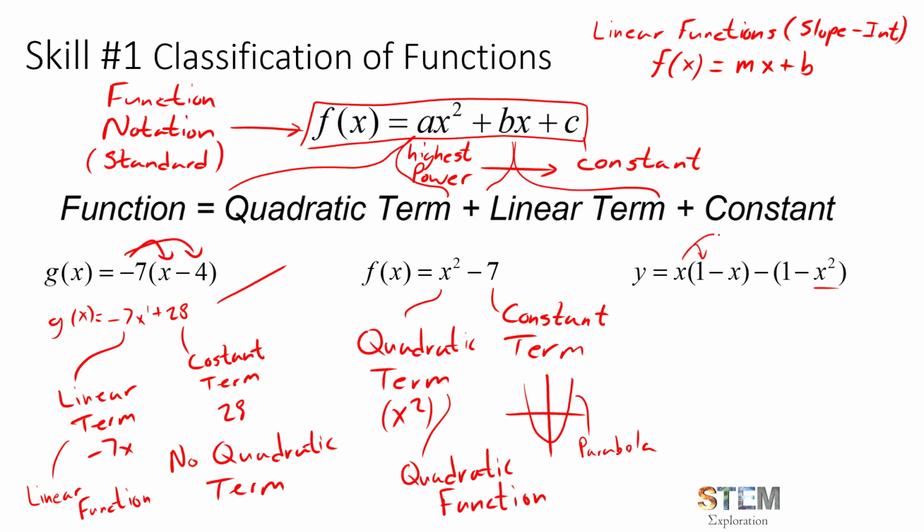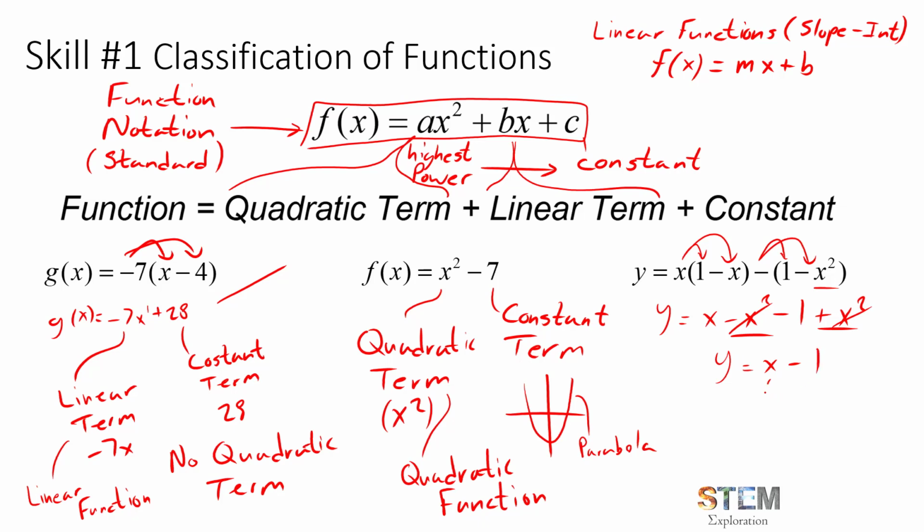So one thing that we're going to practice a little bit in this lesson is just practicing our distribution. If we do something like this, we'll get y is equal to x minus x squared minus 1 plus x squared. And one thing you'll notice here is that the x squareds are present in their opposite forms, so that these guys will cancel. And this will just equal x minus 1.